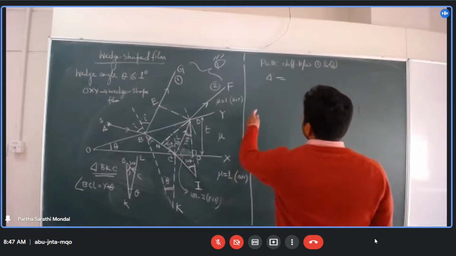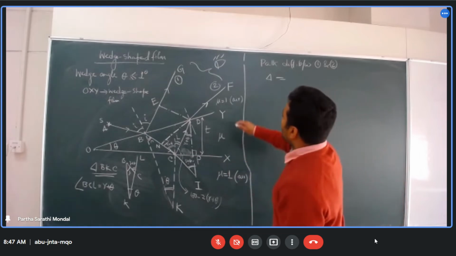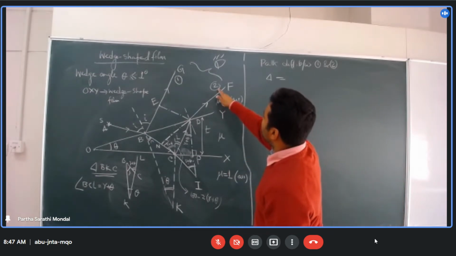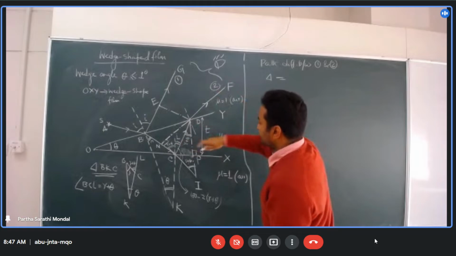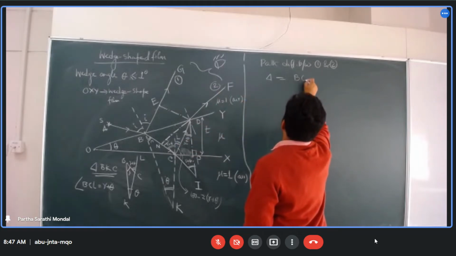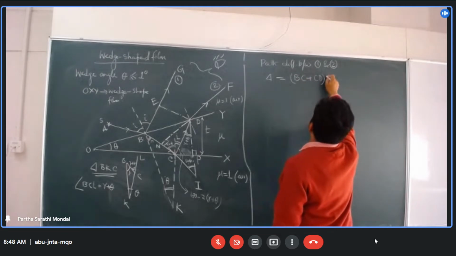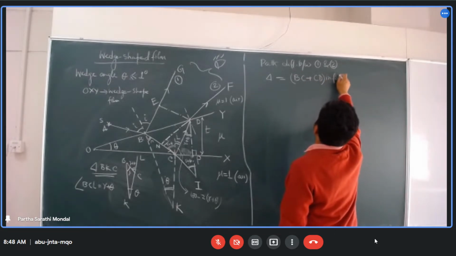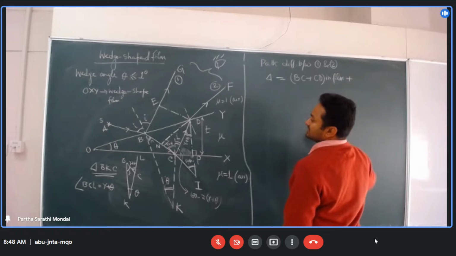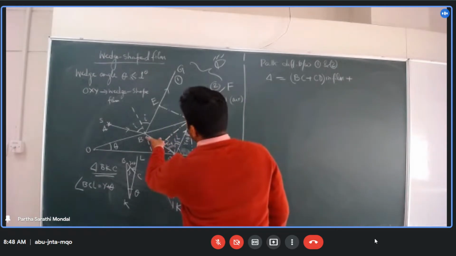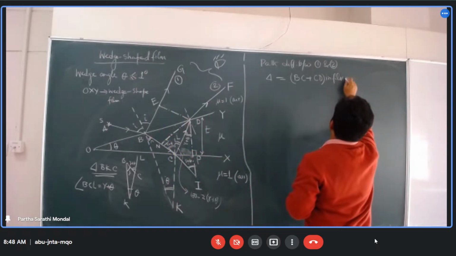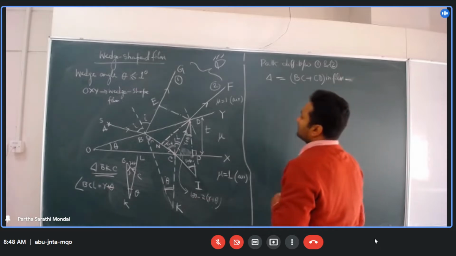Okay, so now delta means how much path is traveled by ray 2, that is actually BC plus CD, which is in the film, it's traveled in the film. Okay, minus, and ray 1 how much, not plus, minus, we have to find out the difference.